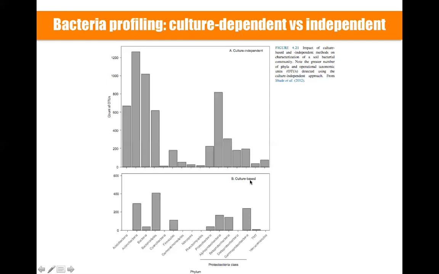Whereas in the culture-based technique, where we can culture them in the lab, we can find fewer organisms. These are the different types of bacteria: we have Acidobacteria, a lot of Actinobacteria, actinomycetes, and then Bacteroidetes, Firmicutes, and so on.